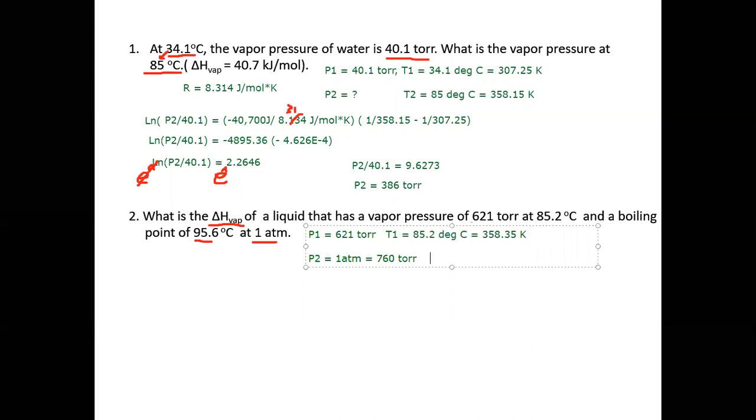Now for T2, we have 95.6 degrees Celsius. This equals 368.75 Kelvin. So now we're ready to set up our two-point form of the Clausius-Clapeyron equation. So it would be ln of P2 760 divided by P1 621.